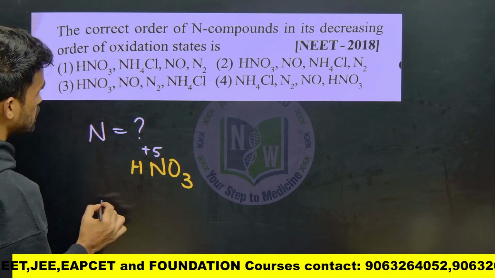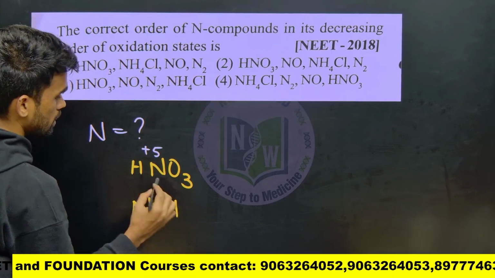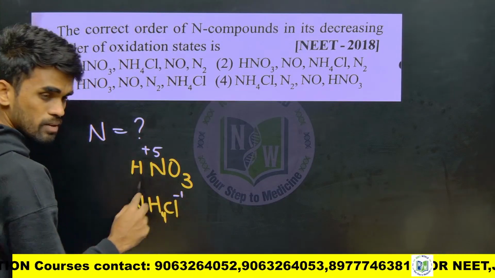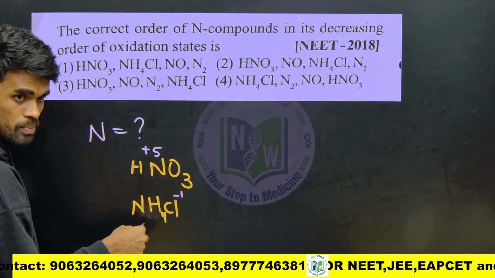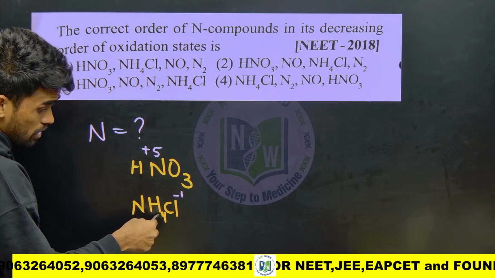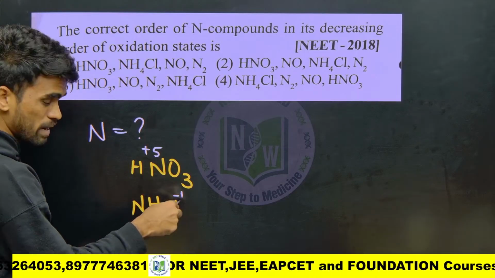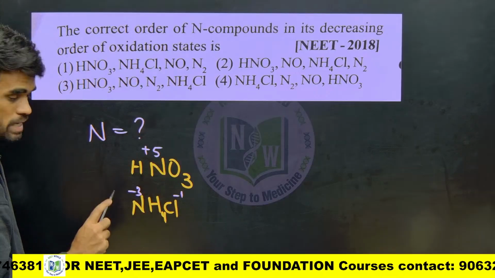In NH4Cl, we know the chloride ion will be -1. 4 hydrogens are there, so it will be +4. Overall -3, so this will be +4. It means -1 is neutralized by one number, so it will be -3 on nitrogen. Hope it is also clear.